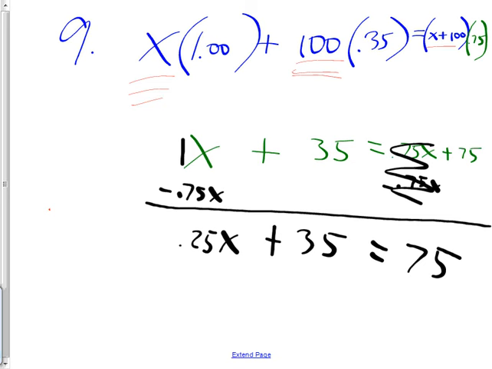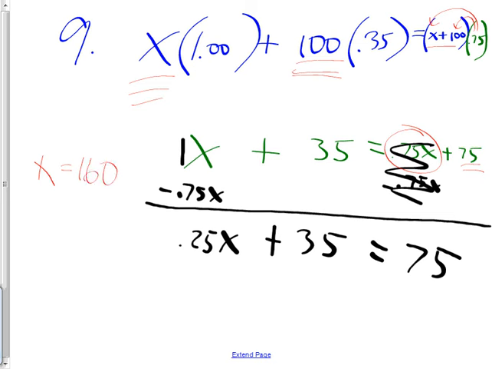So I did 0.75 times x, which makes 0.75x, and 0.75 times 100, which makes 75. If you got an answer, even if you're not sure, just tell me, I'll pause for a second while we get some answers. Okay, so it seems like the answer the kids are coming up with is x equals 160.